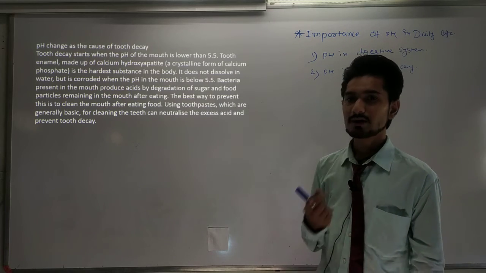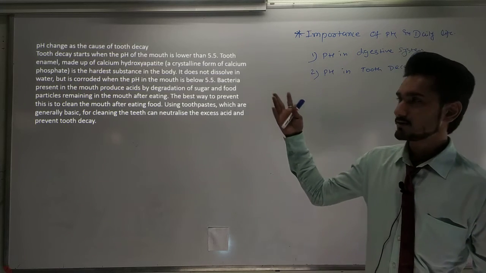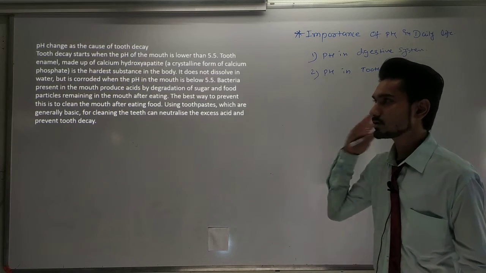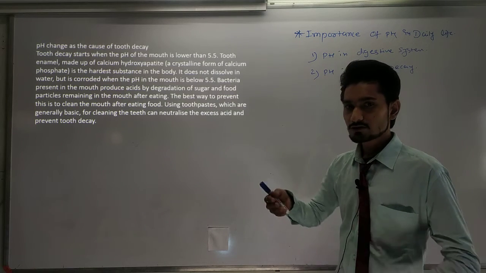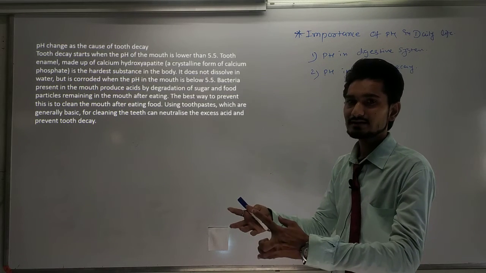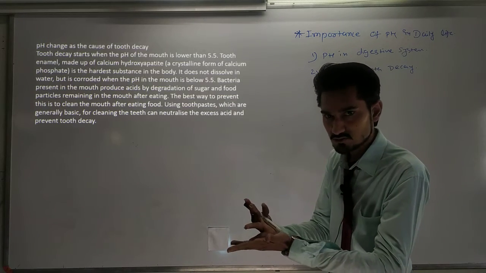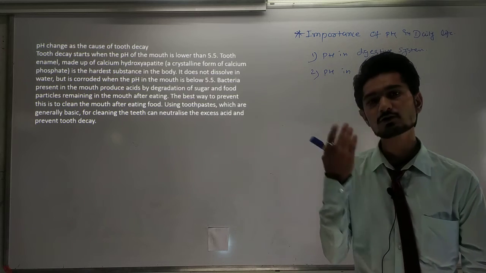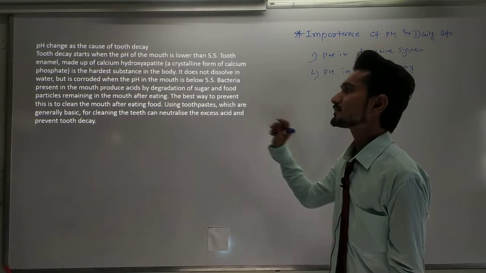Our teeth are made up of calcium hydroxyapatite, a crystalline form of calcium phosphate, so it also gets corroded, because you know that whenever a metal reacts with an acid, it creates corrosion and it creates salt. So it creates corrosion in my mouth and also in my teeth.